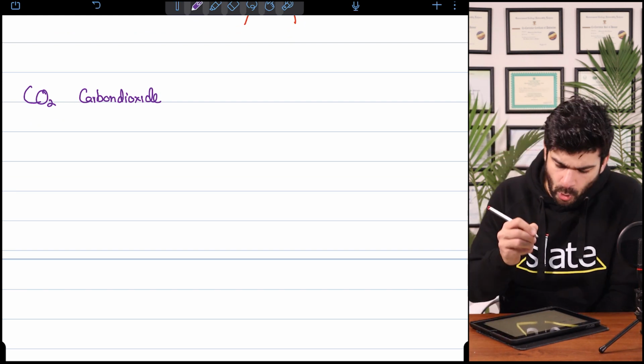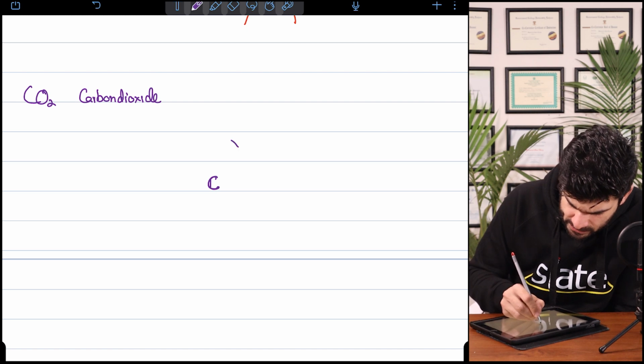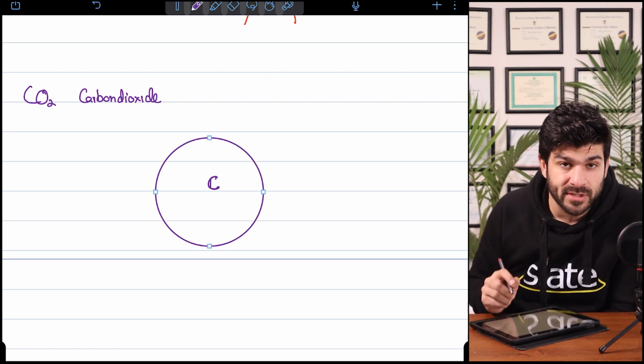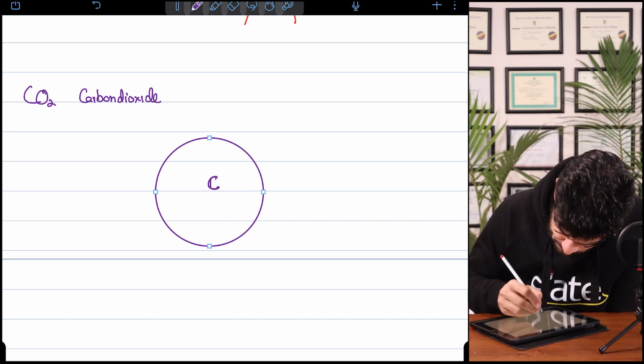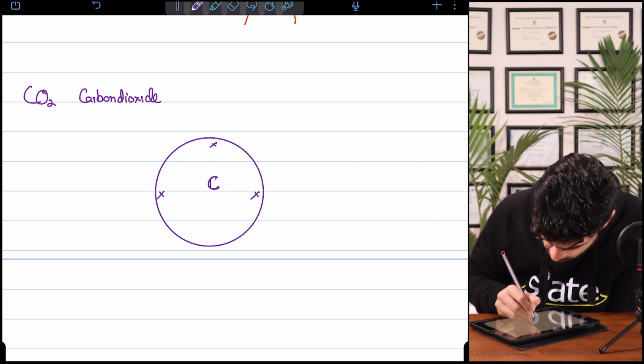So for carbon dioxide, what do we know? Carbon is in group 4 of the periodic table. Therefore, all you need to know is what group it is. If carbon is in group 4, how many electrons in the outermost shell? 1, 2, 3, 4.